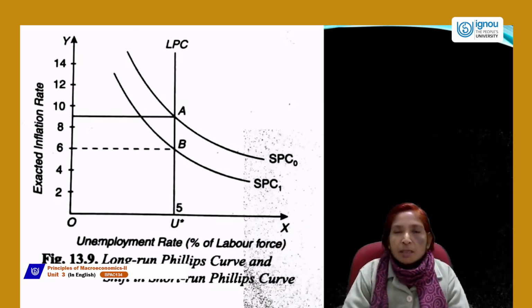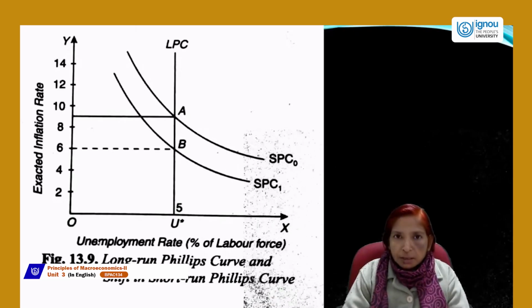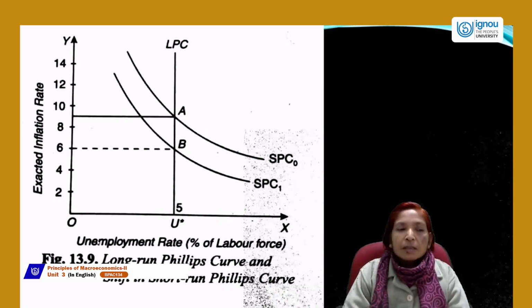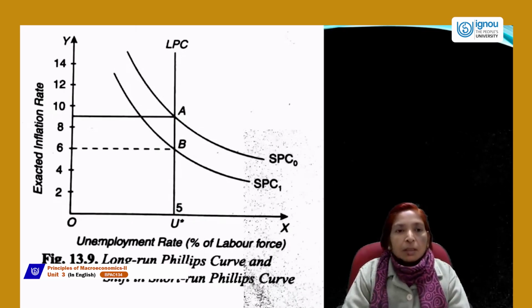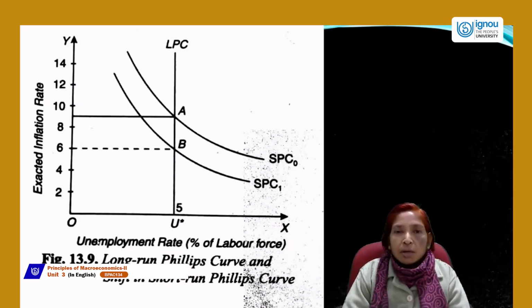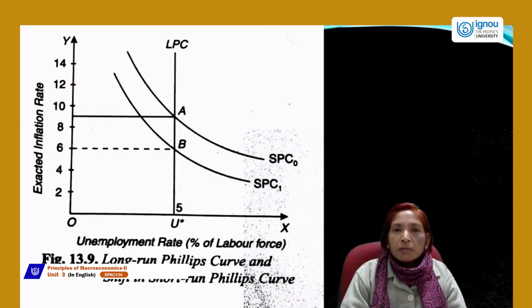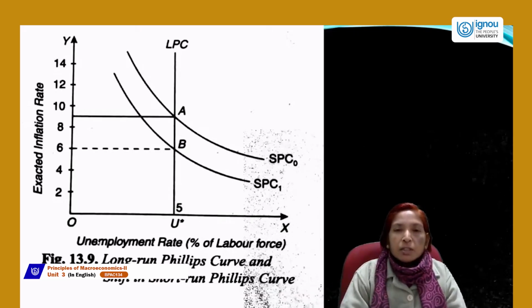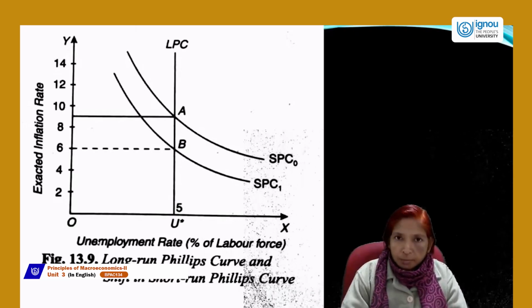This U star means unemployment rate, which is fixed or constant at various expected rates of inflation. That is called the long run Phillips curve. The long run Phillips curve will be vertical, but the short run Phillips curve will be downward sloping.